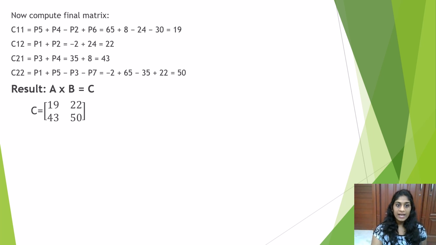Now you can see P5 plus P4 minus P2 plus P6 is equal to, we have substituted all these P1 to P7 matrices in these C11, C12, C21 and C22, and the result you will get is A cross B is equal to C, and the overall result you have to write it here, and this is the answer for your given question. And if you want to check whether it is correct or not, you first do it with traditional matrix multiplication and then you can check it with Strassen's matrix multiplication.